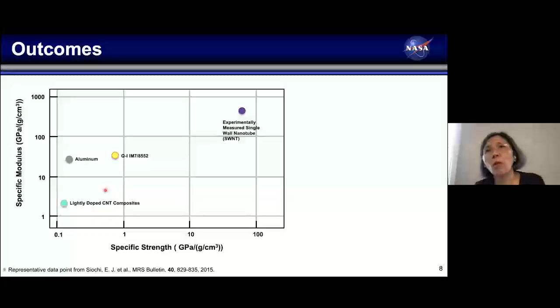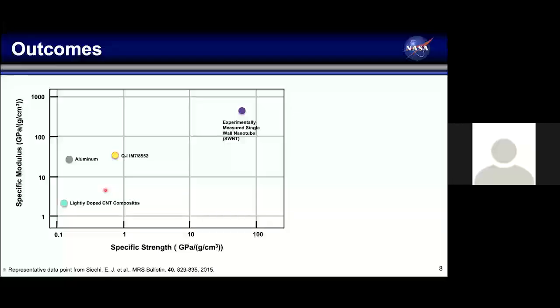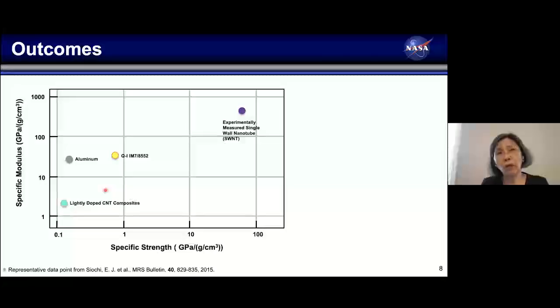And in very small quantities, you have significant, quote unquote, increases in the properties of the resin itself, of the polymer matrix. But you also get huge orders of magnitude increases in electrical conductivity.